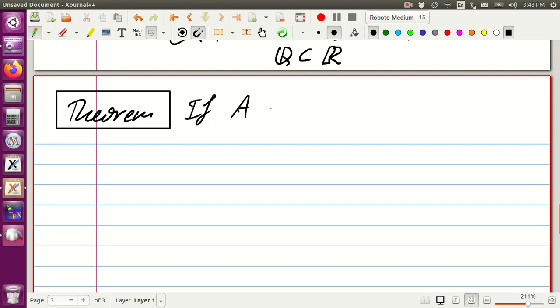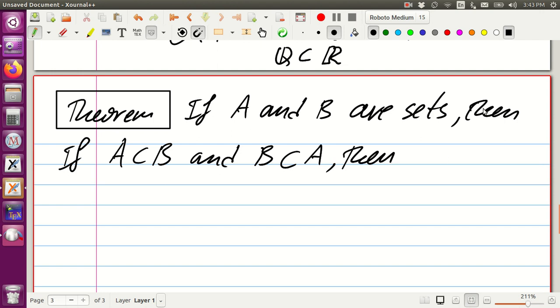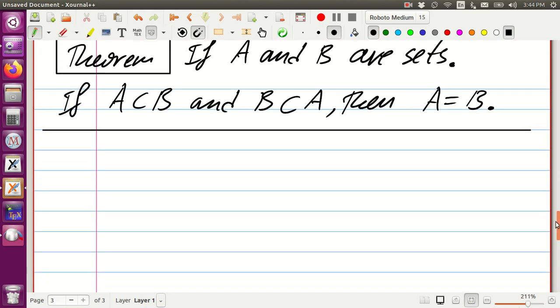It says that if A and B are sets, then if A is a subset of B and B is a subset of A, then A is the same as B. I don't think we're going to use this that often, but it's an important result, worth stating it here.